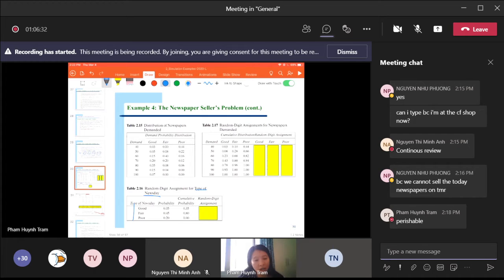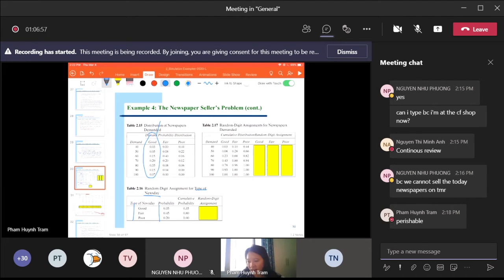We have three types with these probabilities. If that particular day is good, then we look at this column. The demand will vary, and it follows this probability distribution. This is when the news day is good.